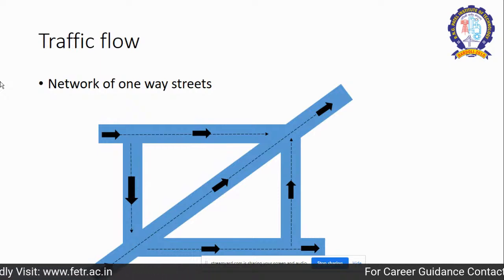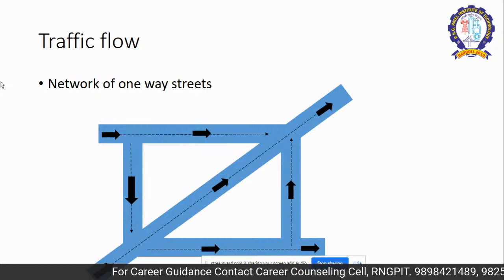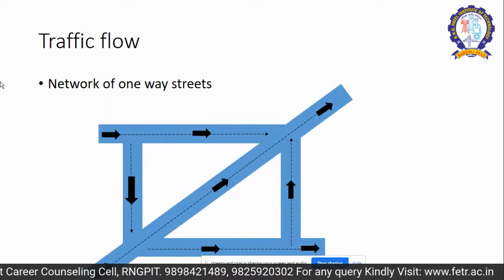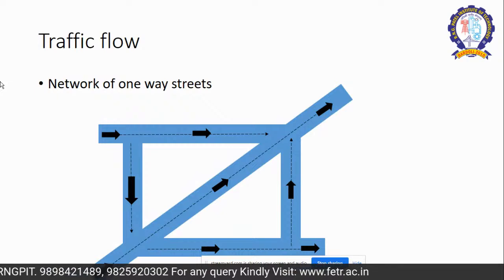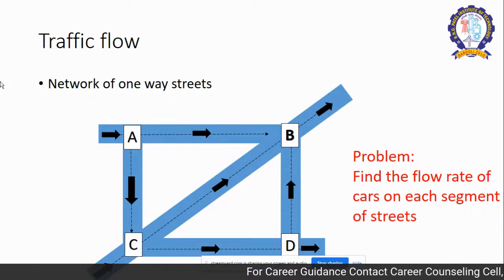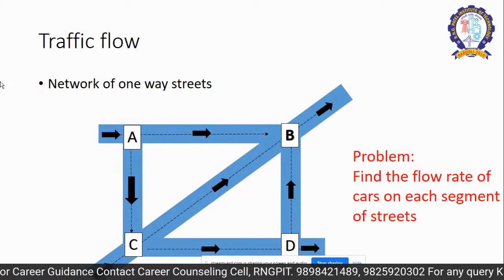Here there is a network of one-way roads, so it follows one-way rules. The arrow represents the direction in which it can be traveled. The problem is to find the flow rate of cars on each segment of a street.